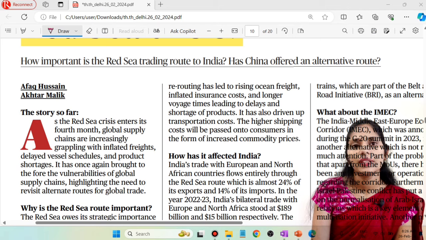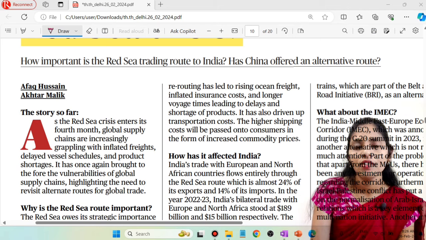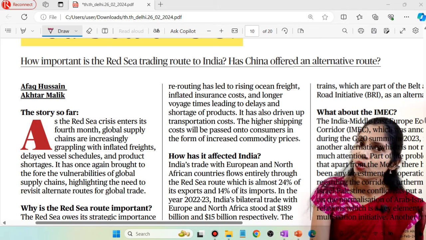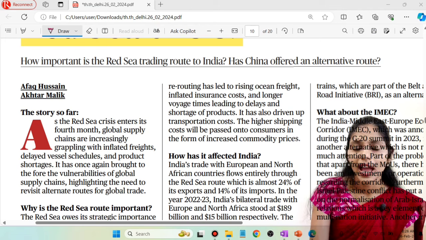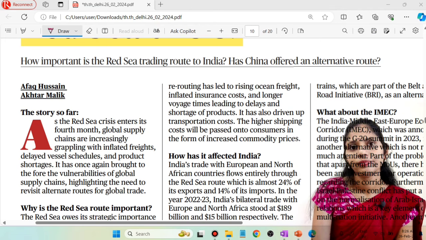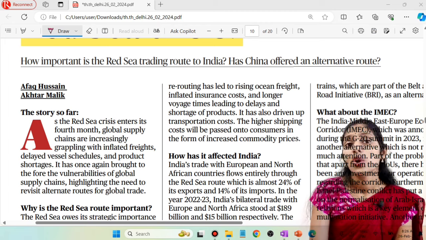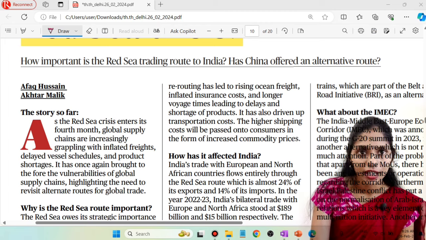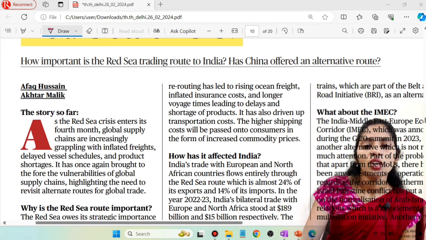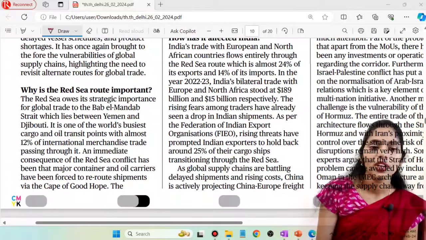There is also increased freight cost whenever we go for other routes, and delays are happening in transportation. Because of this, we are thinking that we can go for alternate routes for global trade. So why is the Red Sea important? It is very important.